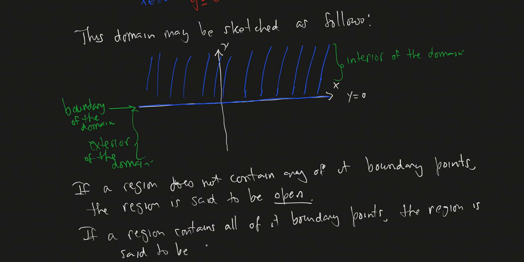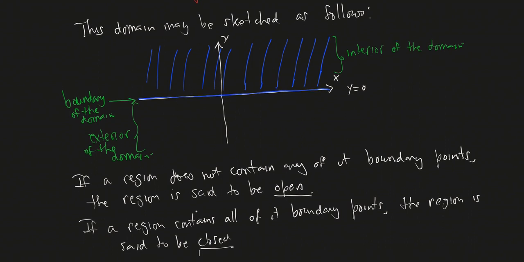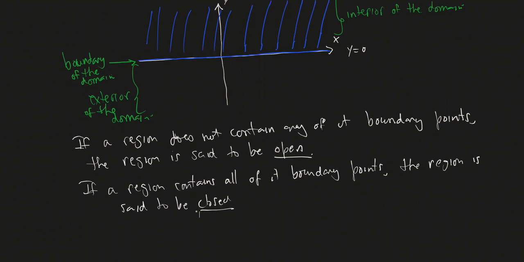But you can't think of these two properties as being opposites, because you have some regions, and we'll see it in a second with a few more examples, where some of the boundary points are included and some aren't.